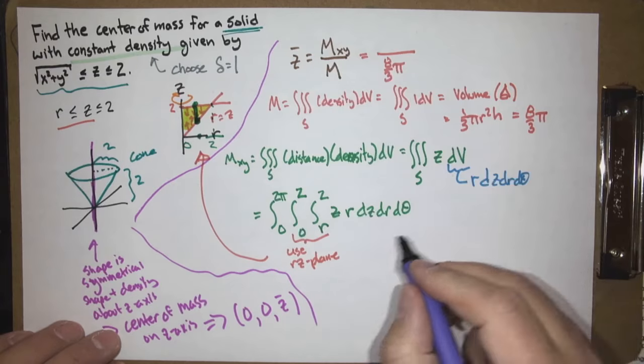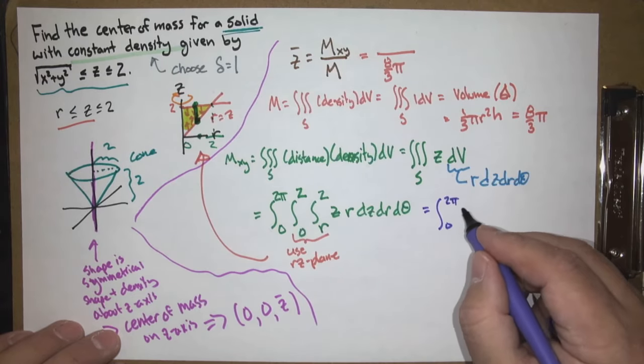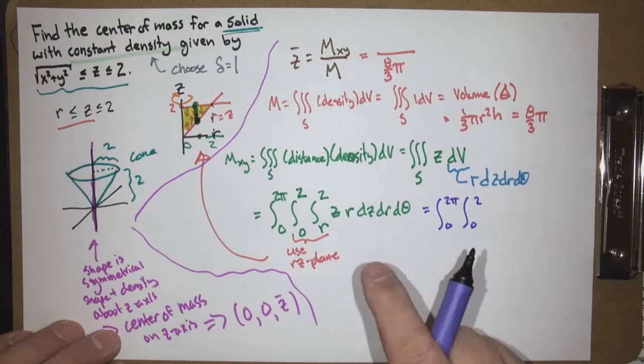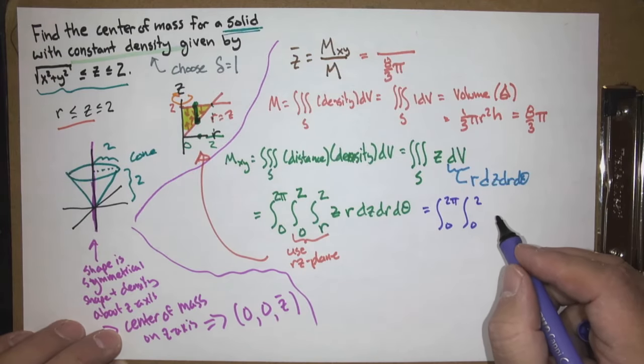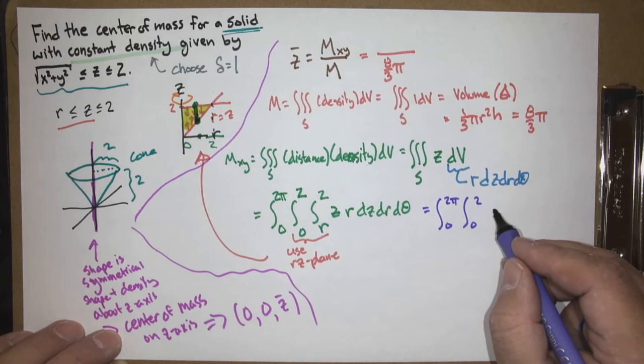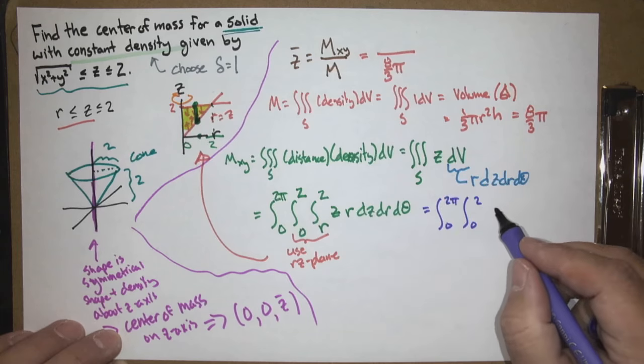Now we just have to carry this out. Okay, well, not exciting, but we go ahead and do the work. 0 to 2 pi, 0 to 2. The integral of z times r with respect to z: z squared over 2, and don't forget the r, it comes along for the ride.